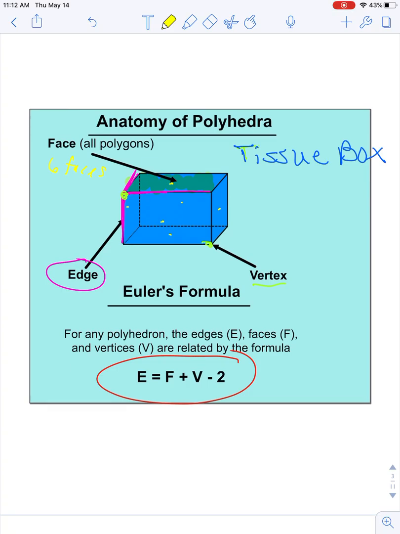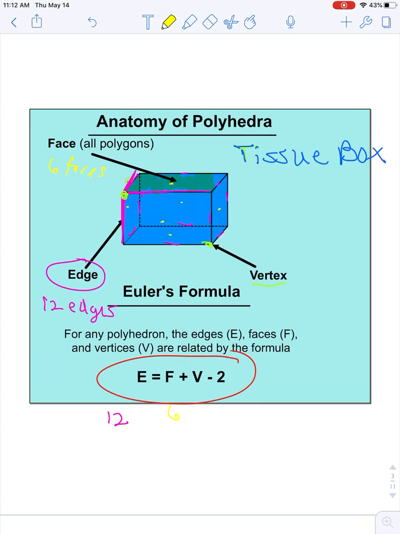Now if we count the edges, we have 1, 2, 3, 4, 5, 6, 7, 8, 9, 10, 11, 12. So we have 12 edges. We could put that in right there.